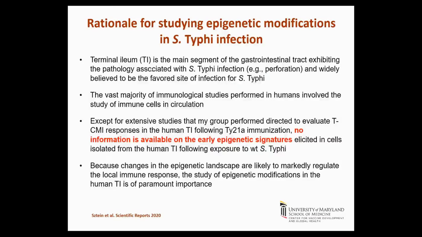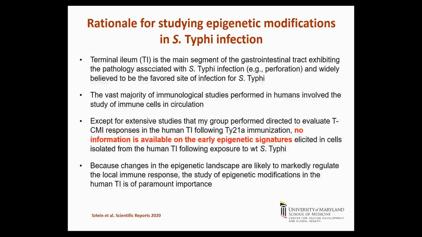And my group has been studying this for several years, and we have reported a lot of these cell-mediated immune responses in the human terminal ileum following Ty21a immunization. However, no information is available on the early epigenetic signature elicited in cells isolated from the human terminal ileum following ex vivo exposure to wild-type Salmonella Typhi.